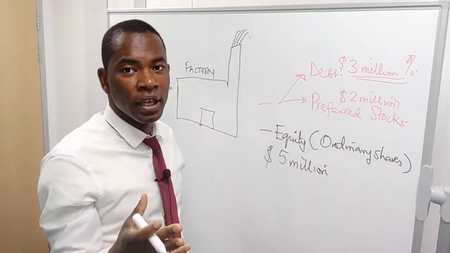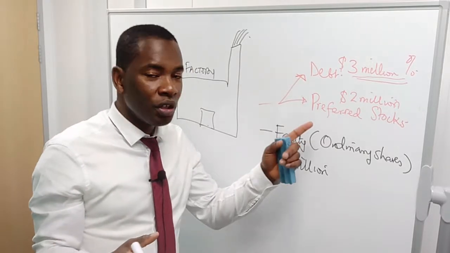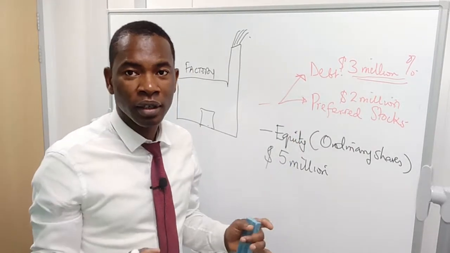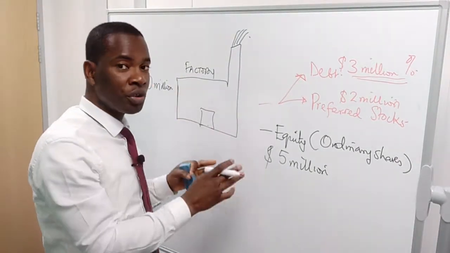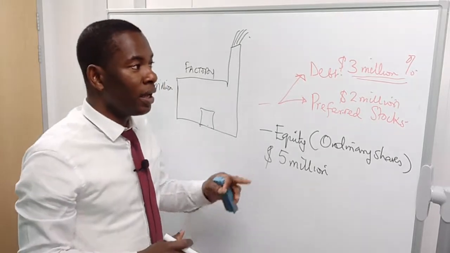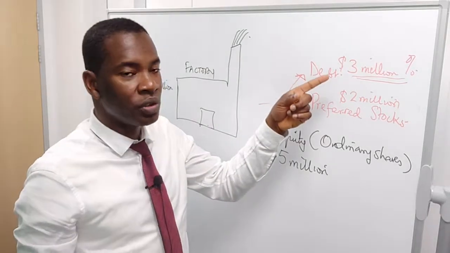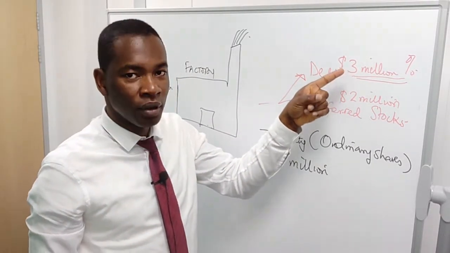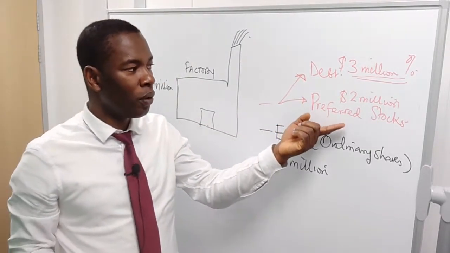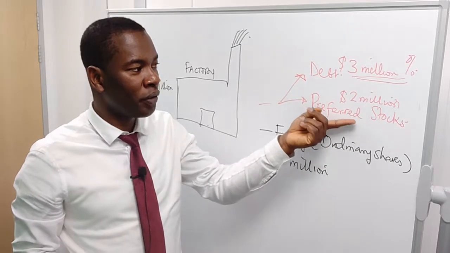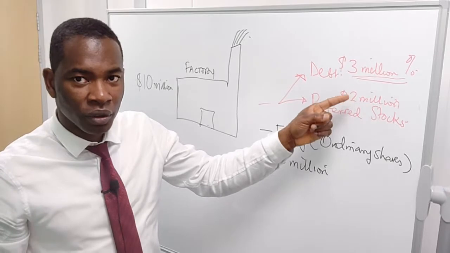Let's say the company does not make money, and then you are forced to liquidate, close down this factory. Whatever equipment, whatever structure that this factory has, when it's being sold, will go first into settling this $3 million, and then whatever is left will then go to those who have the preferred stocks to settle their $2 million.